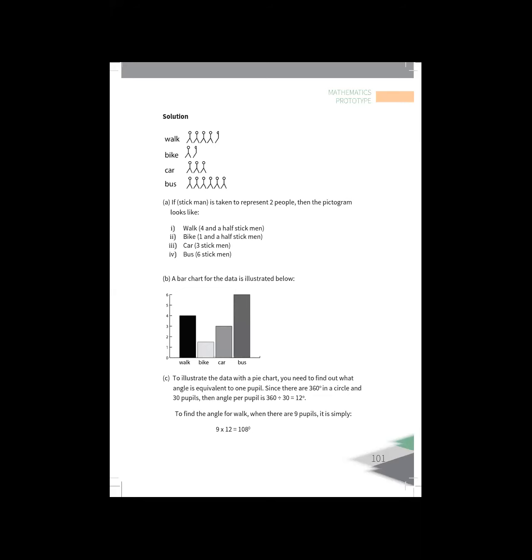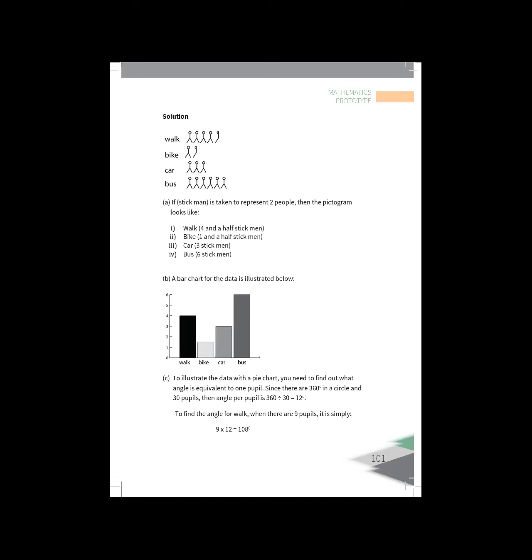Okay, thank you very much. Any supplements? Charity? Yes, teacher. I also just wanted to explain the solution. Since they have said one stick man represents two people, you first find how one person is represented by a stick man.